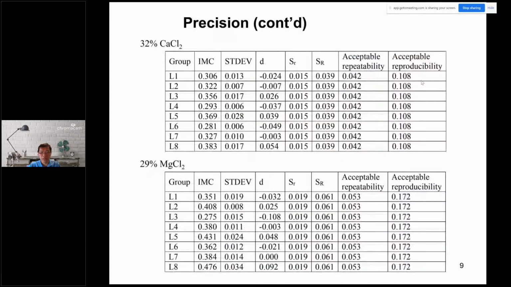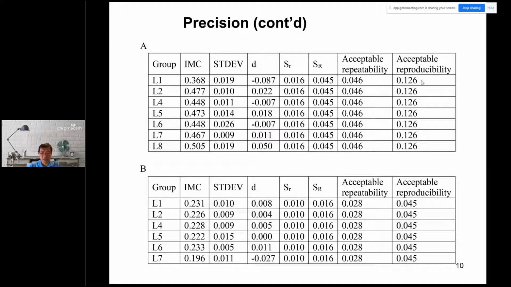Now, going on, for each other deicer we found the same thing. For the 32% calcium chloride and the 29% mag chloride, the test protocol has demonstrated really high repeatability and high reproducibility. Moving on to the other types of deicers identified by the Technical Advisory Committee under the Clear Roads Pool Fund, again, different deicers further confirm that the standard deviations are within the range.